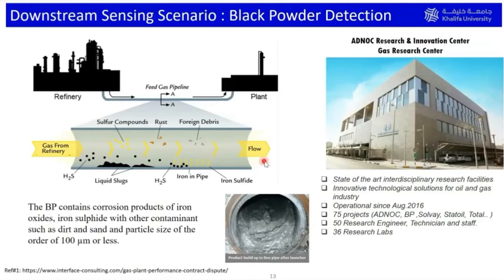So this solution is basically to provide a preventive measure: we are passing this much black powder for this much duration, and we need to do preventive cleaning of these pipelines regularly. So we need to provide a possible duration, based on the amount of black powder flowing inside a pipeline, to the sponsors, saying yes, this is the time now you can clean this pipeline, because that cleaning should be optimized.